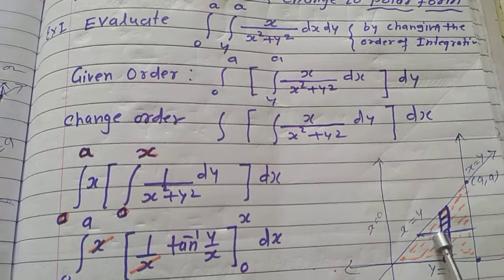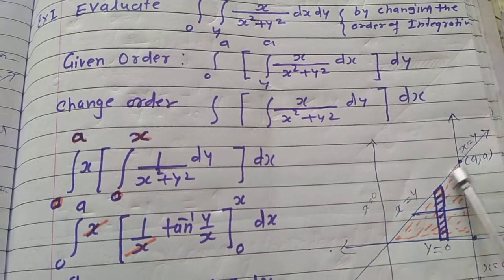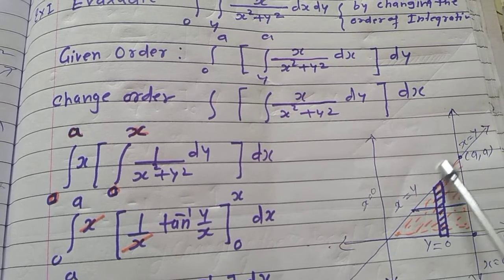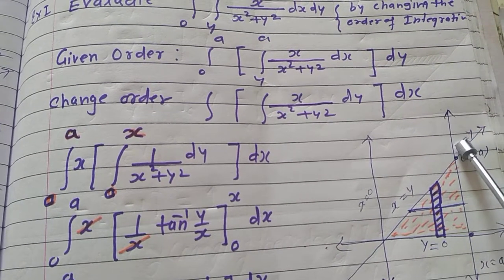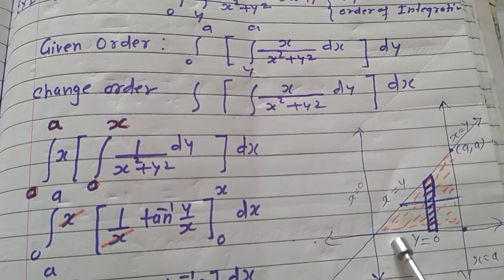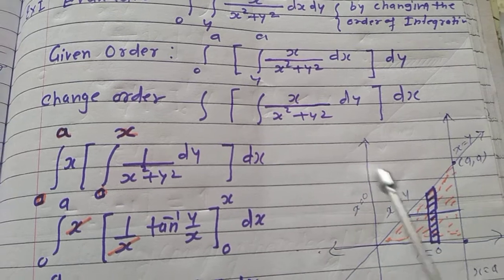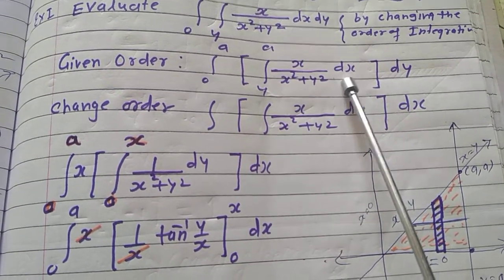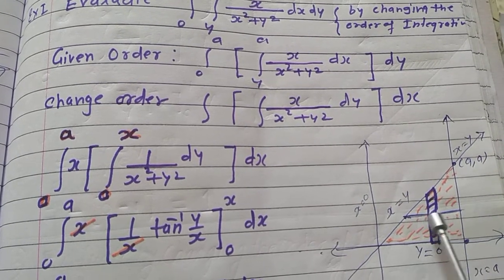So draw the figure here. X is equal to y means a line passing through the origin, having points 1, 1, 2, 2, 3, 3, and so on, up to a. In the original problem, your first integration is with respect to x, that's why the strip is parallel to the x axis.